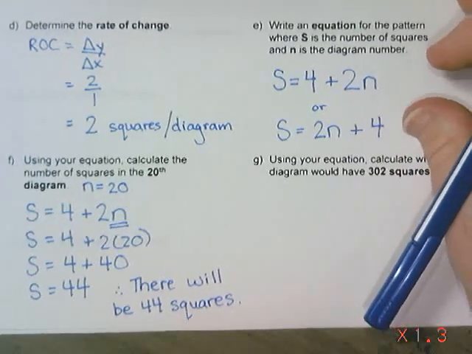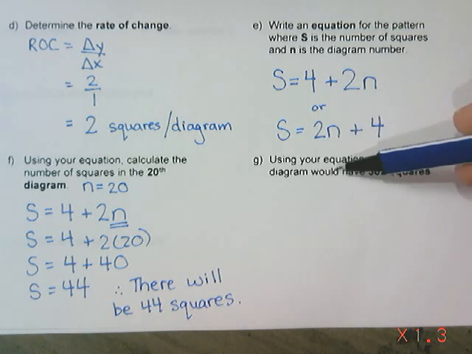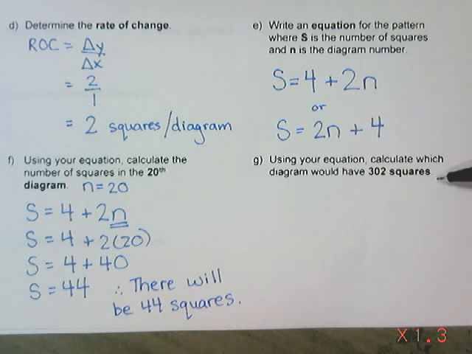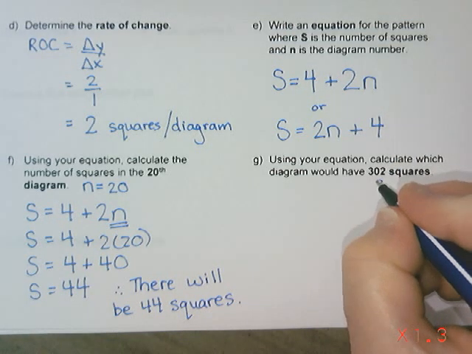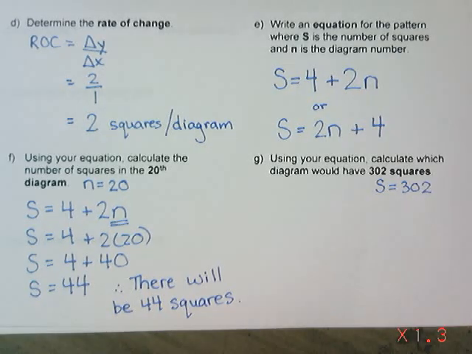All right, our last one says, using your equation, calculate which diagram would have 302 squares. So this isn't talking about the 302nd diagram. This wants to know which diagram has 302 squares. So this time S is going to be the number, so 302.